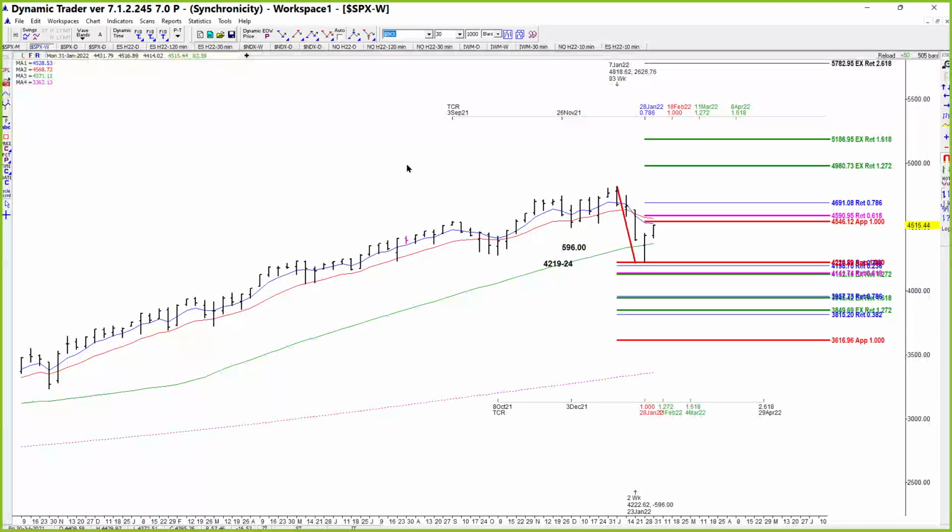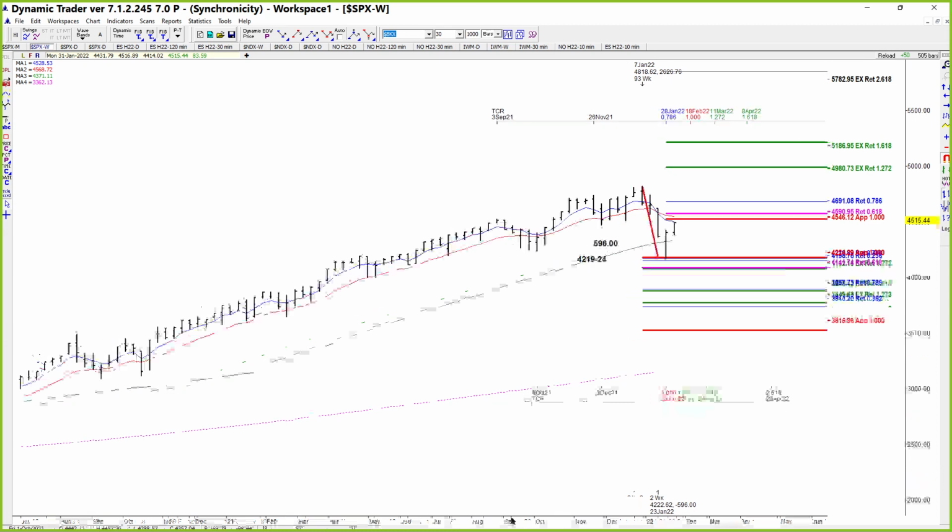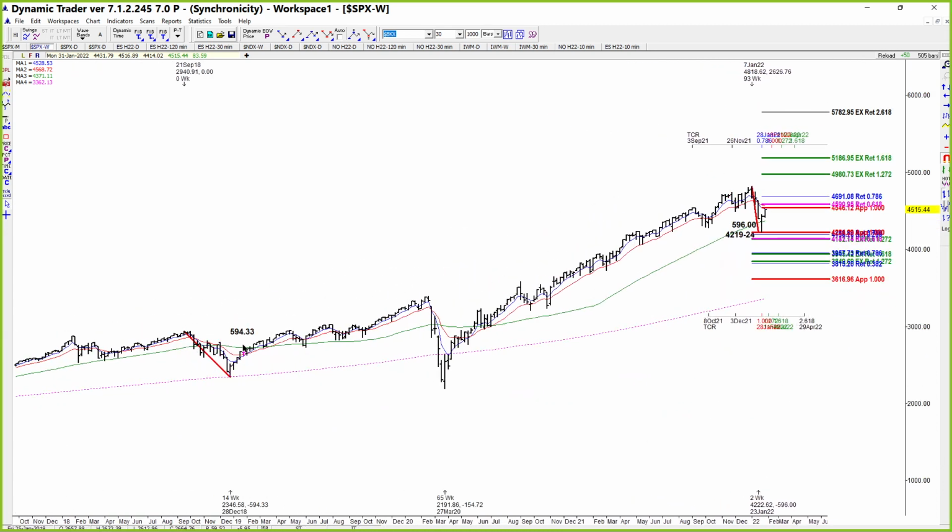The only way that we were able to predict a counter trend rally is because we had timing. If you remember the timing on the daily charts, and also we had this gorgeous symmetry in the case of S&P.